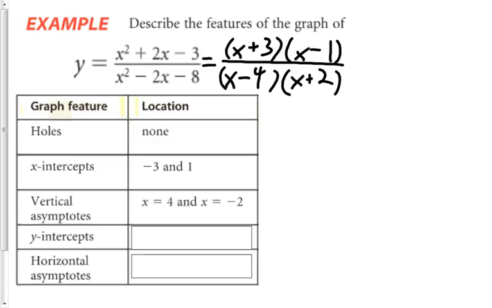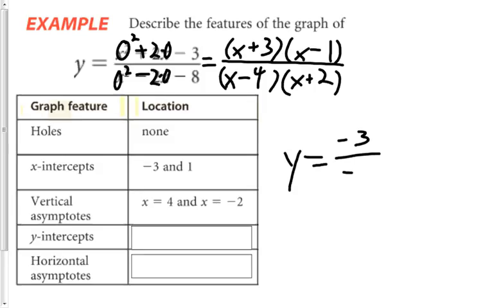Now I'm looking for y-intercepts. Y-intercepts occur whenever x equals 0, so I will plug in 0 for all my x's. So I would have 0 squared plus 2 times 0 minus 3, which is going to leave me negative 3 in the numerator. Then I have 0 squared minus 2 times 0 minus 8.